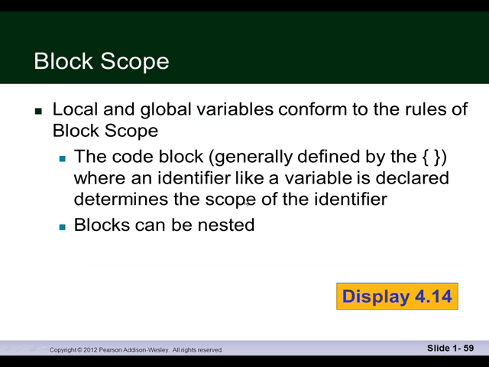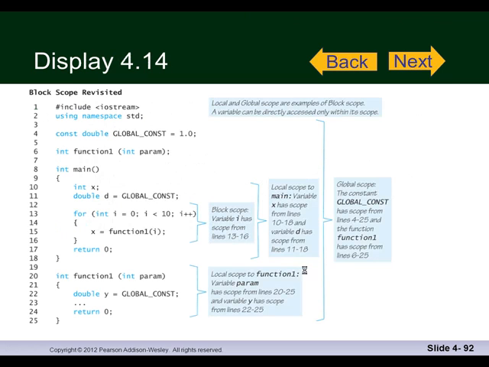So if I put something in a block, the scope is going to be for that block. If I declare something here, this is my block. I'm declaring I over here. So if I had another I somewhere else, that would not be affected. In here I have X, and I'm using it over here. But in this case, I am declaring my Y over here. That means this Y is going to go away as soon as I hit over here.